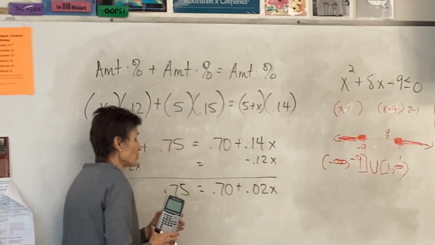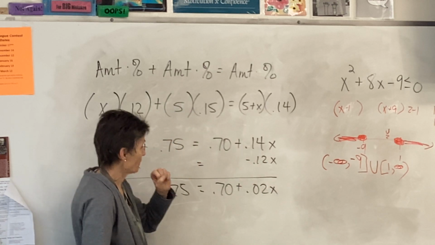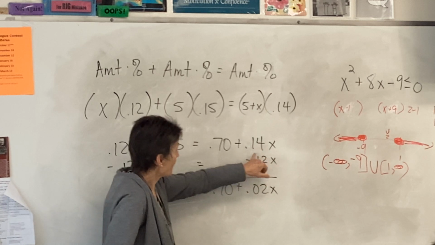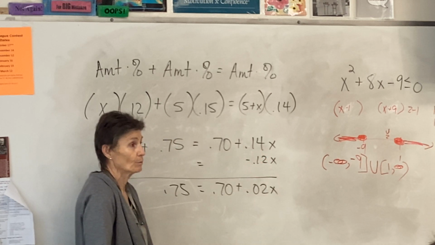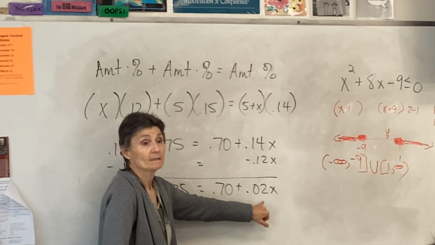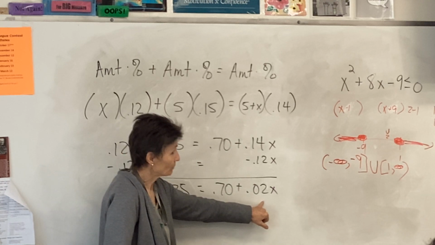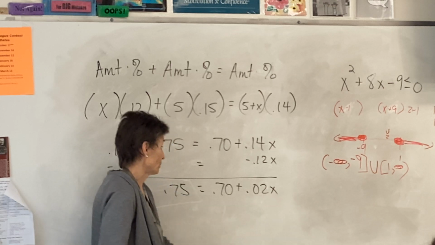I warned you before, and some of you still were making this mistake. What happens when you subtract 0.14 minus 0.12? It's 0.02, not 0.2. It's 0.02.